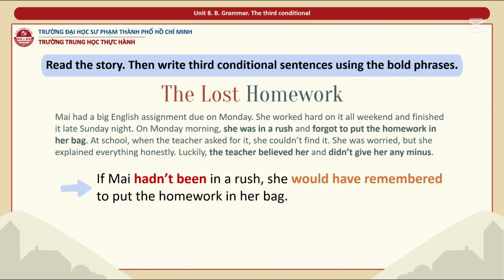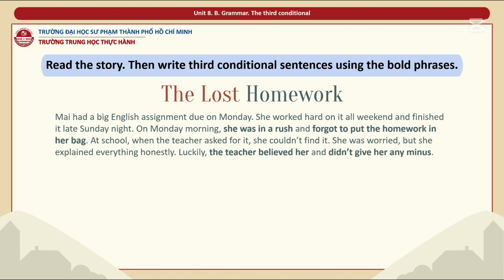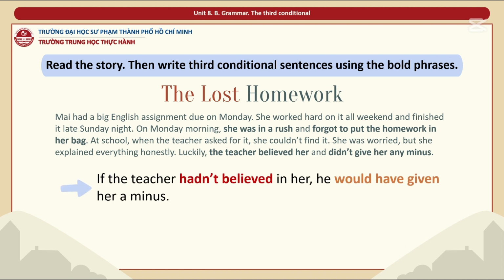The first sentence should be, if Mai hadn't been in a rush, she would have remembered to put the homework in her bag. Now, can you write one more sentence for me? Excellent. We can also make a sentence like this. If the teacher hadn't believed in her, he would have given her a minus.